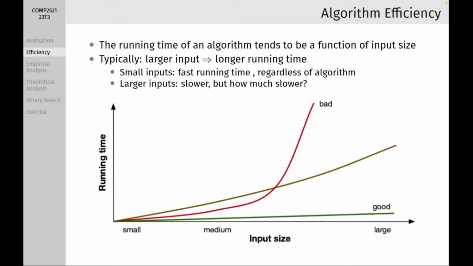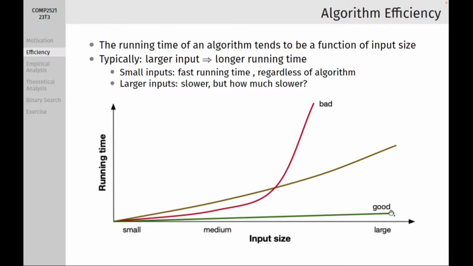And if you have a small input, lots of algorithms are going to run really quickly on it, because computers are pretty fast in general. So regardless of the algorithm, if you have a small input, programs will run really fast. But if you have a larger input, then your program is going to run slower, but how much slower? In this graph, I've got run times of 3 different algorithms.